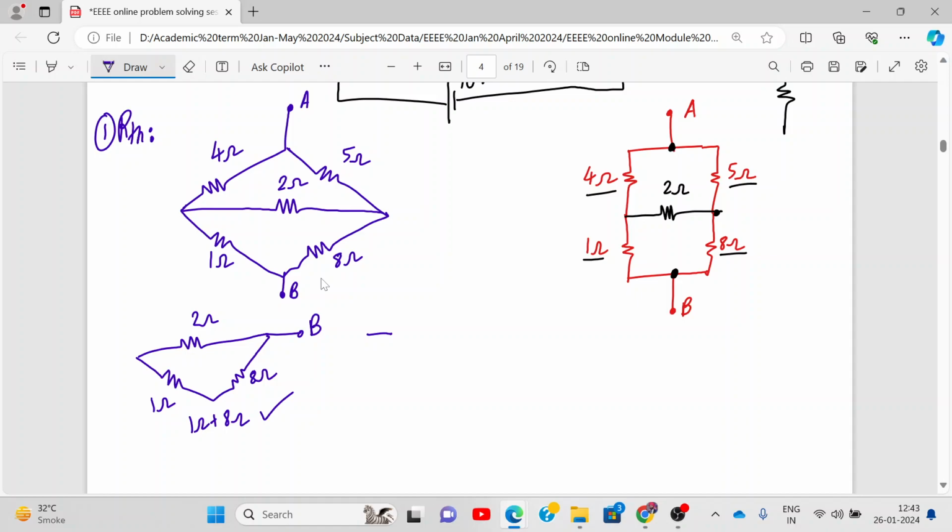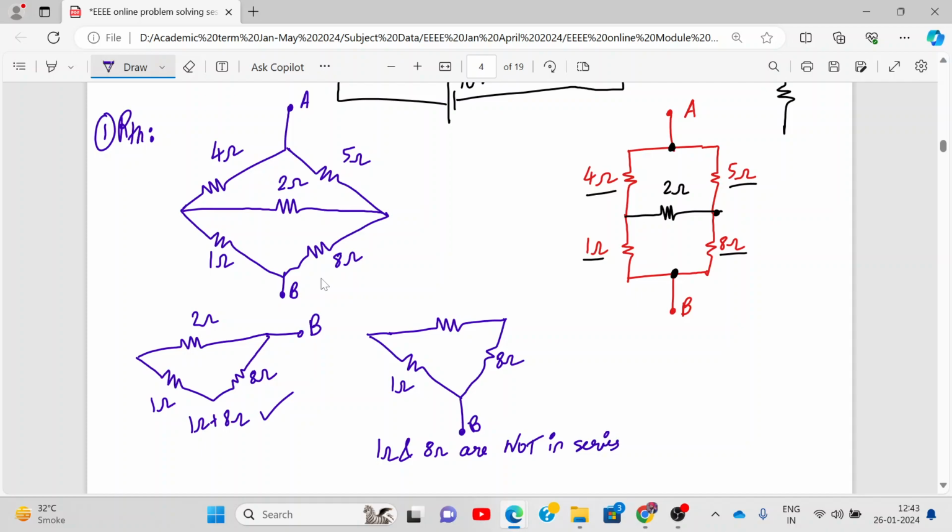But in our case, B is not over here, B is over here. So these two resistances, 1 ohm and 8 ohm, are not in series.